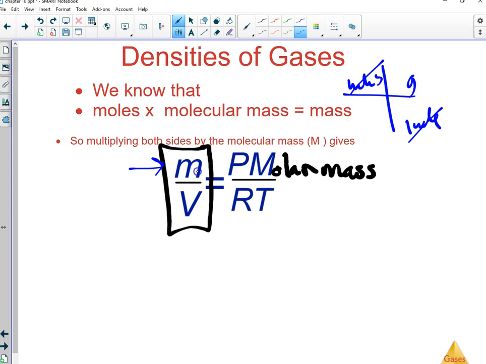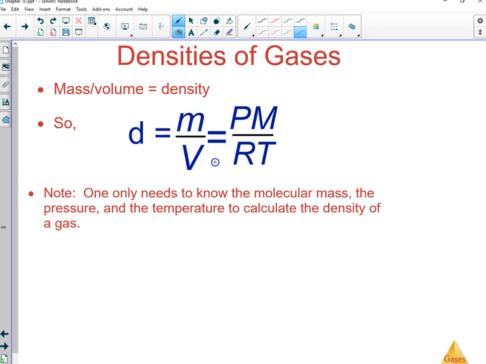So that's what this is saying. My grams per volume now is equal to pressure times molar mass, which is how we got this to cancel out to just be an M instead of an N. All right? So we can rearrange this. We can say density is equal to M over V, and really, if I get rid of this for a second, I can now say the density is equal to PM over RT, where capital M is your molar mass.